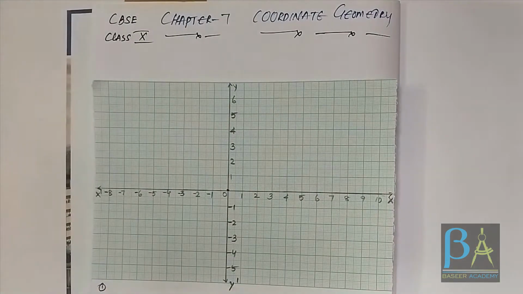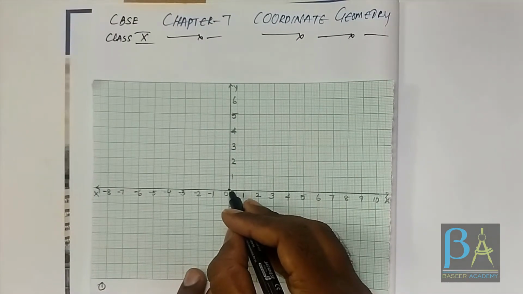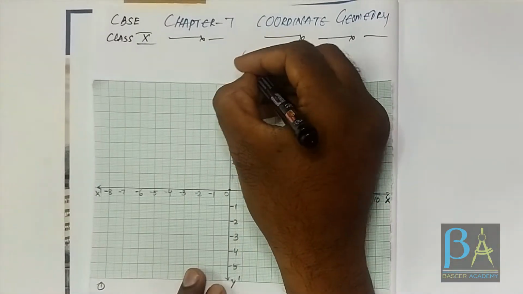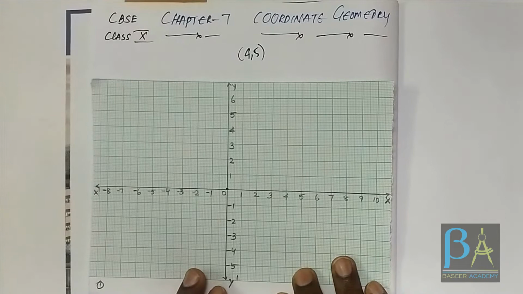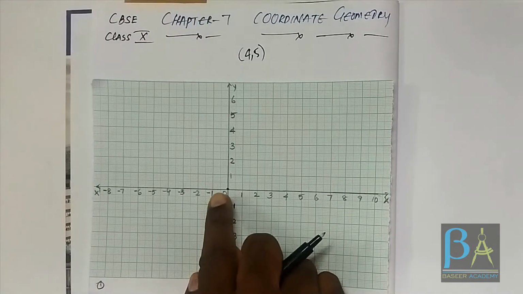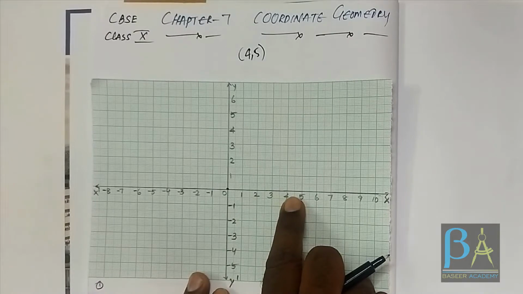To plot a point 4, 5 on the graph paper, we start from the origin 0, 0. Let us say I want to plot a point 4, 5 on the graph paper. Then how are we going to plot this point? We start from the origin and then we move 4 units along the x-axis.